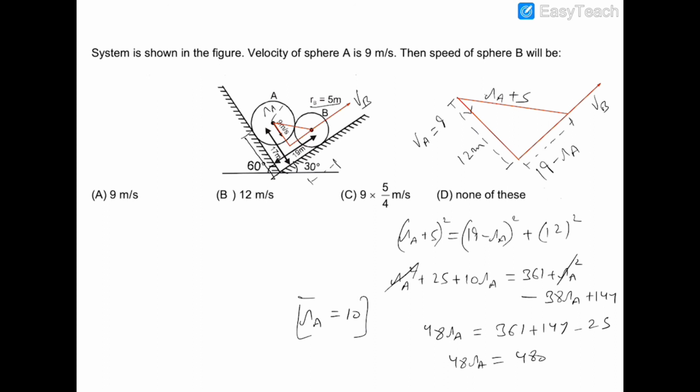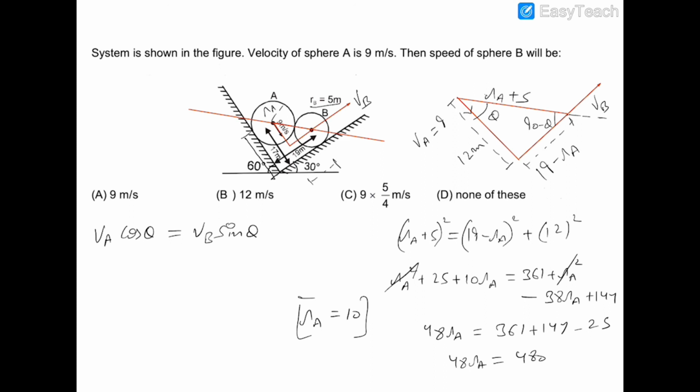And now we have to resolve the velocities along the normal, and the normal is this one. Let's suppose this angle is theta and this angle is 90 minus theta. So the component of VA, VA cos theta, will be equal to VB sin theta.